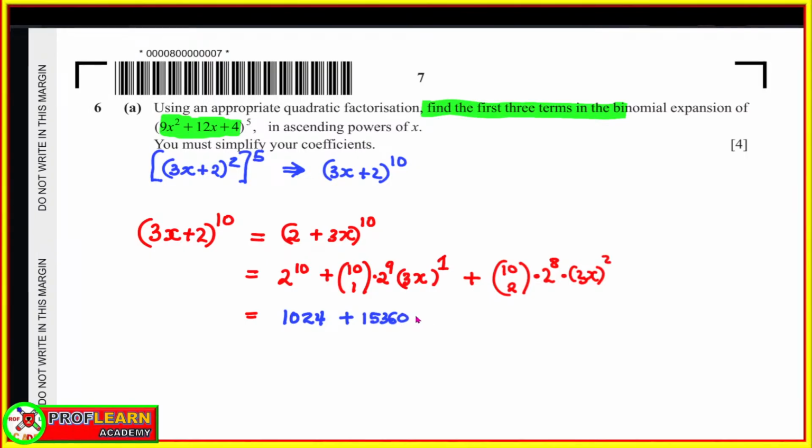And the x value is going to be just x. The power of x is going to be 1. And the last one is going to be 103,680 x squared.